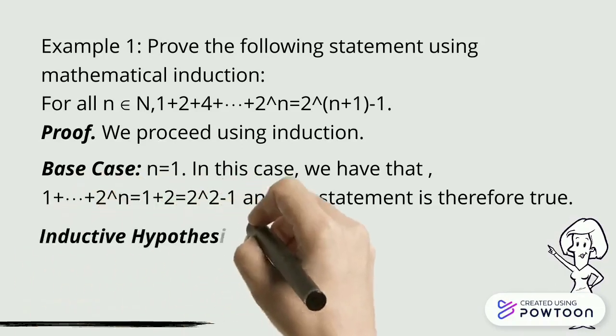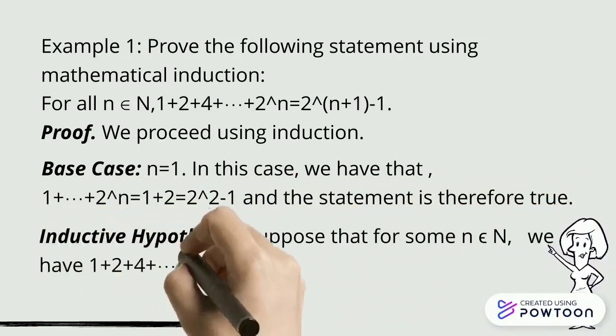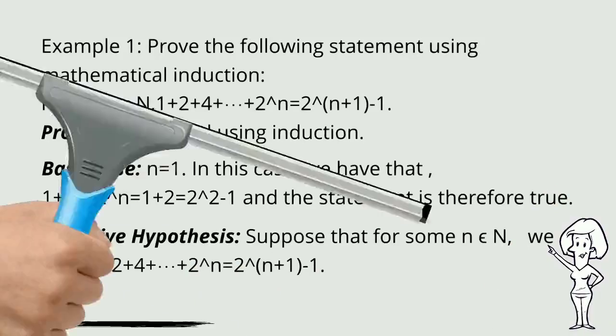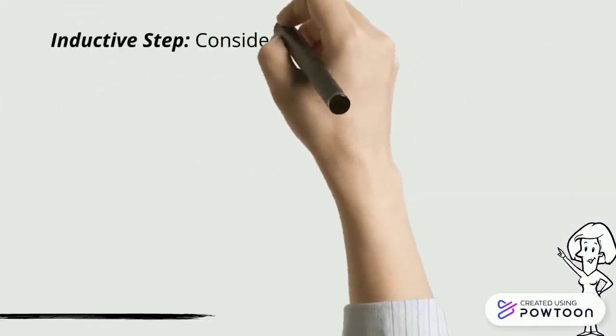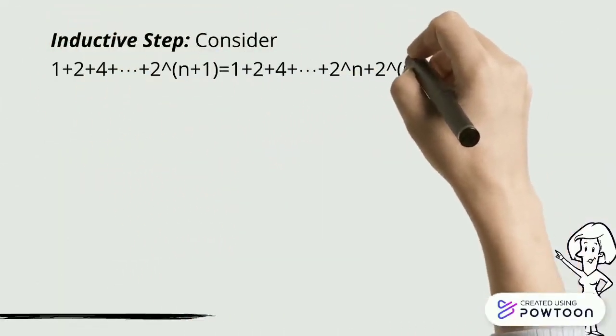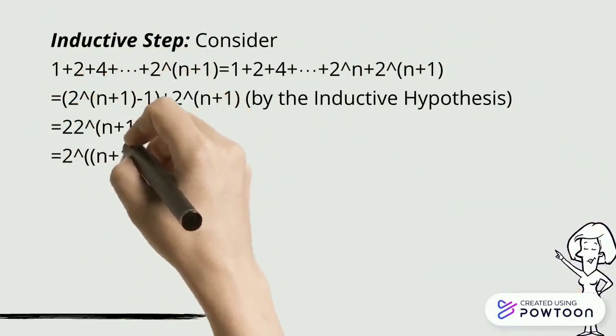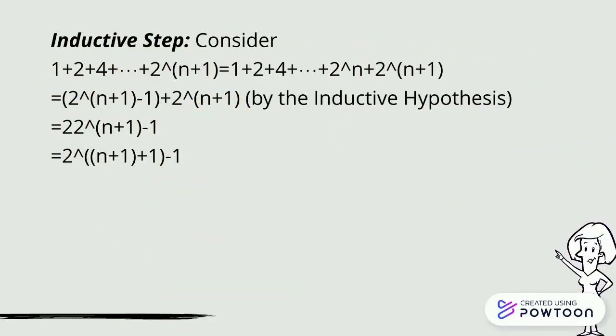We have the inductive hypothesis. Suppose that for some n, an element of the natural numbers, we have 1 + 2 + 4 + ... + 2^n = 2^(n+1) - 1. So for the inductive step, consider 1 + 2 + 4 + ... + 2^(n+1), which is equal to 1 + 2 + 4 + ... + 2^n + 2^(n+1).